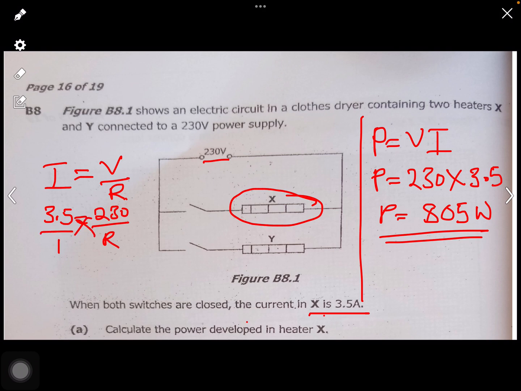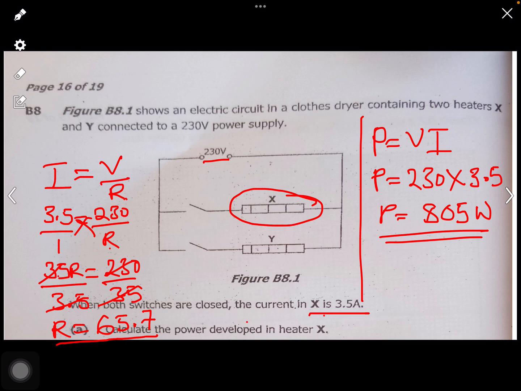Then we cross multiply: R times 3.5 gives 3.5R, which is equal to 1 times 230, so 230. We divide both sides by 3.5, so R will be equal to 230 divided by 3.5, which is 65.7.